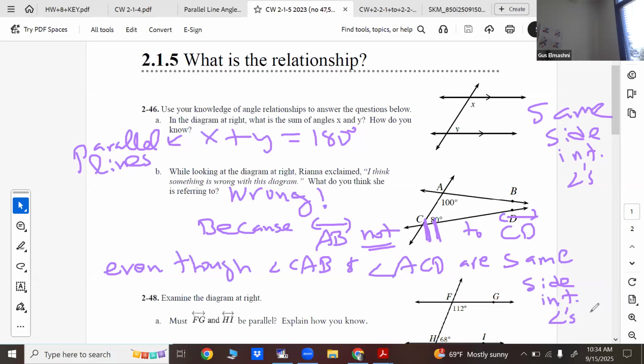These are not parallel. Maybe that's like 1/3, I don't know what's going on, but you can't say that. That wouldn't make any sense at all.